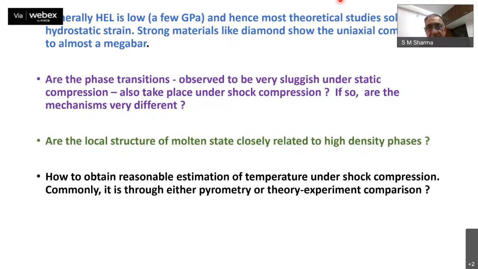But strong materials such as diamond and others would not be hydrostatic strain. So in those cases, one has to adopt specific ways to deduce theoretical results. Diamond specifically, we will show today, retains uniaxial compression up to almost a megabar under shock compression.